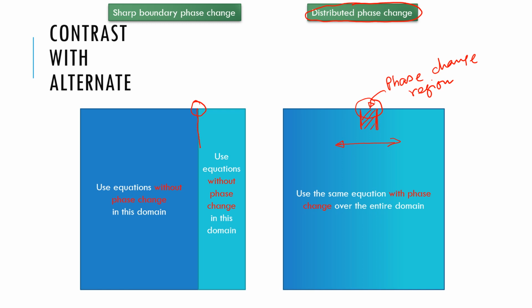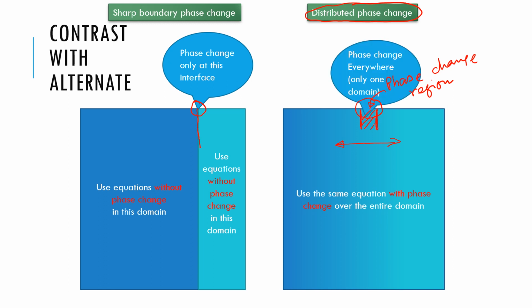So let's look at some pros and cons of it. So here then again phase change is happening at the interface, and here phase change is everywhere, but it ends up happening mostly in a narrow region. How narrow, it depends on the physics.